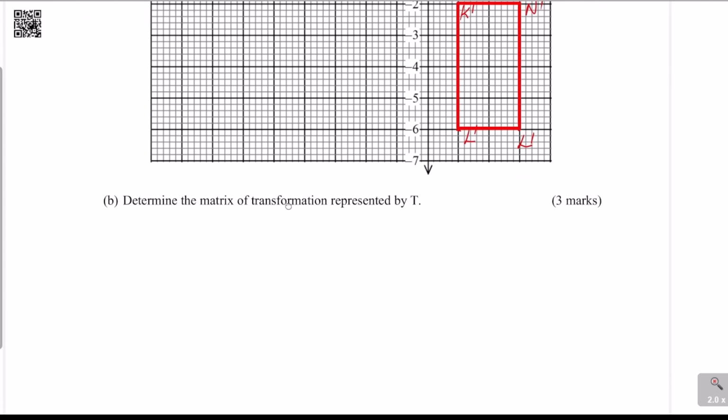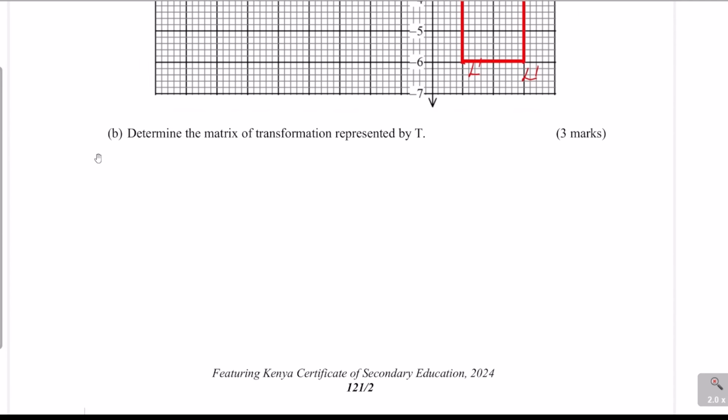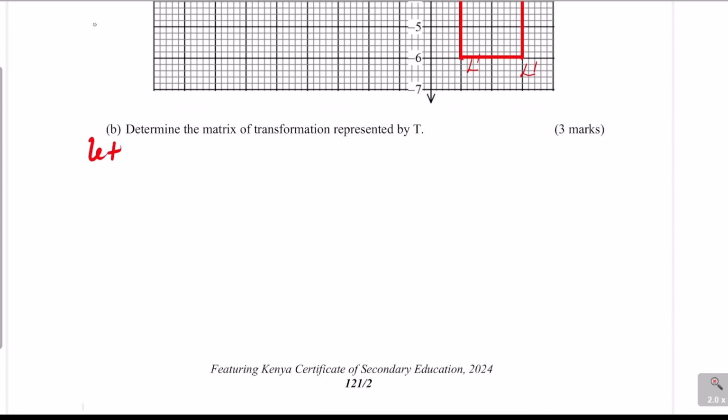So in that question, you simply let the matrix T be represented by A, B, C, and D.